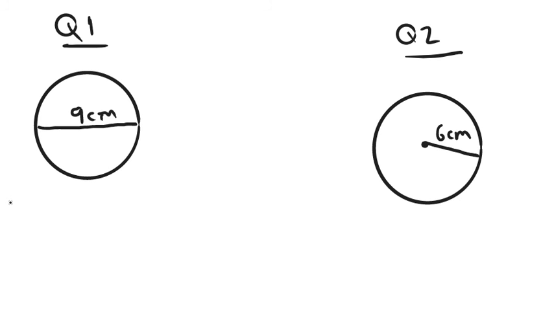What I want you to do is to find the circumference of both of them. In the first one, you're given the diameter straight away. In the second one, you're given the radius. So the radius isn't really any good to you when using the formula. You need to use the radius to find out what the diameter is, and then you put the diameter into the formula. So the formula in both cases will be pi d, or pi times d.